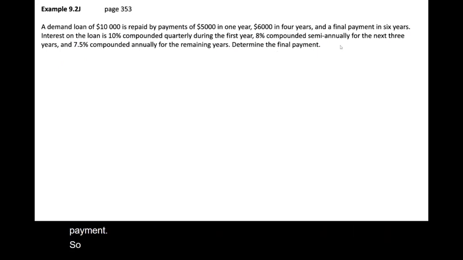So anybody remember here what is demand loan? Guys, do you remember what is demand loan?